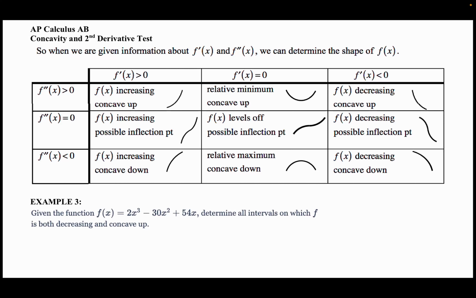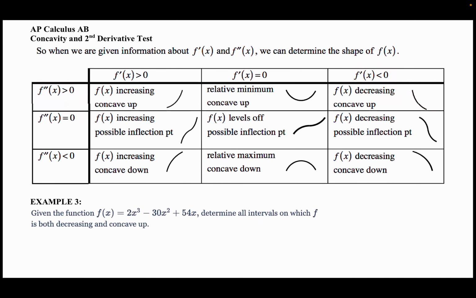Okay, so for example, if you have a first derivative that's positive and a second derivative that's positive, you're going to be having something that's increasing and concave up. Okay, that's one example of it. If you have something where the first derivative is negative, but the second derivative is positive, you're going to have something decreasing, but still concave up.